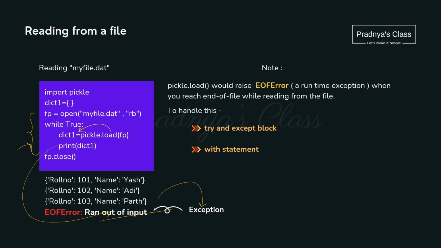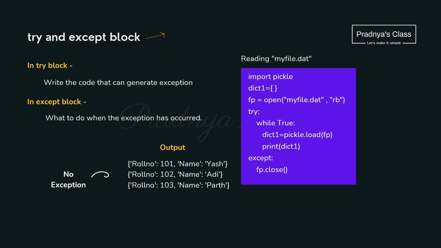How to handle it? We have studied in exception handling that we can handle exception with try except block, and there is one more arrangement, with statement. So let's explore how we can handle that exception using try except block. In try block we write the code which generates exception.